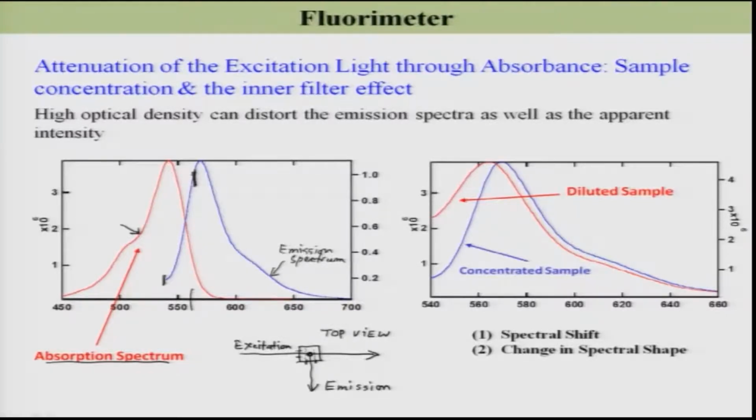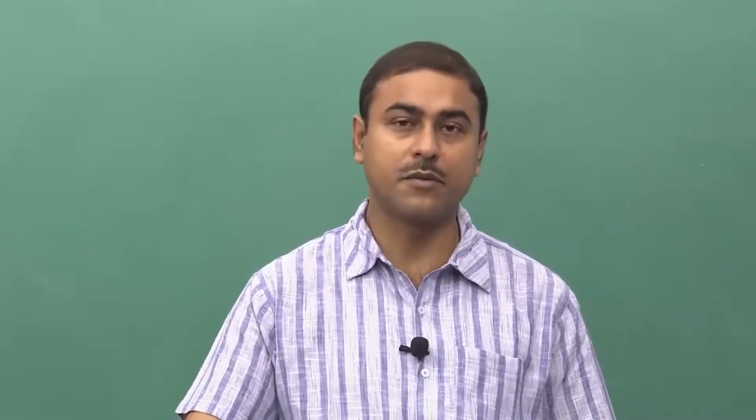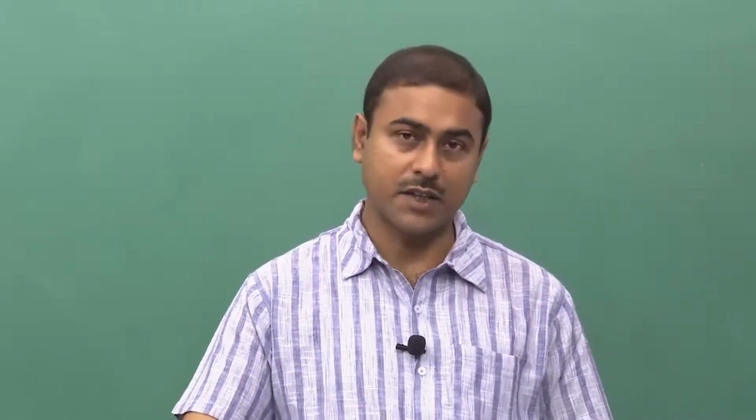The best way to do that is a dilution experiment. Suppose you have taken the emission spectra with 10 micromolar, you take the emission spectra with 5 micromolar, 2 micromolar. If they are the same, then obviously there is not much reabsorption of the emitted photon, and you will be able to surely say that my emission spectra in this region is correct, no problem, right.